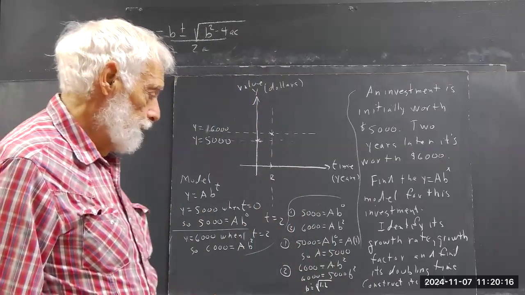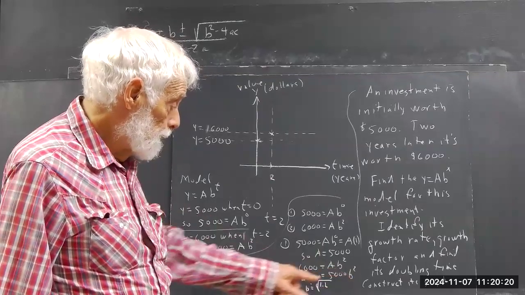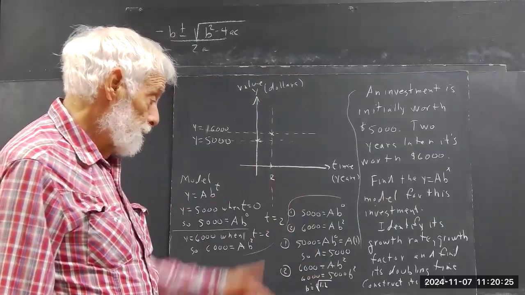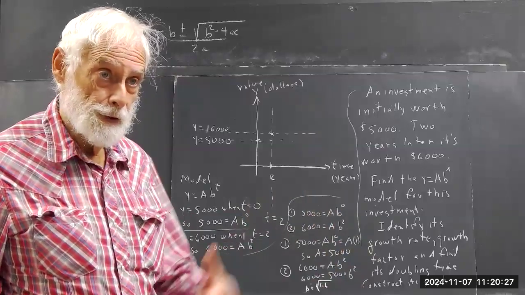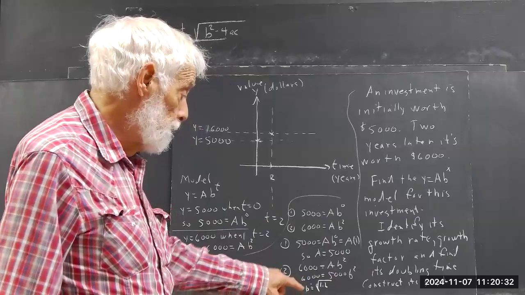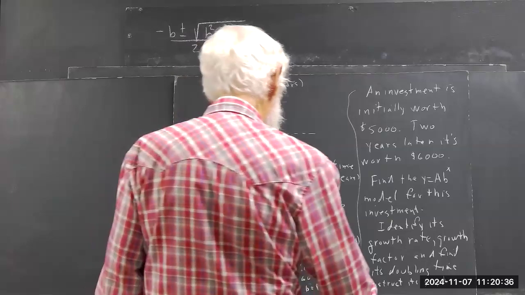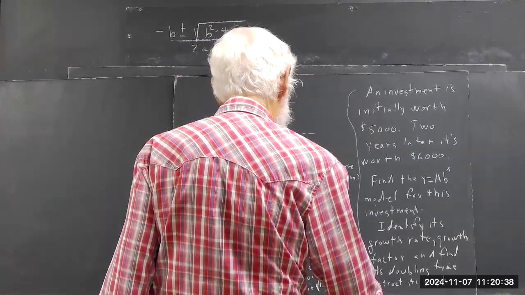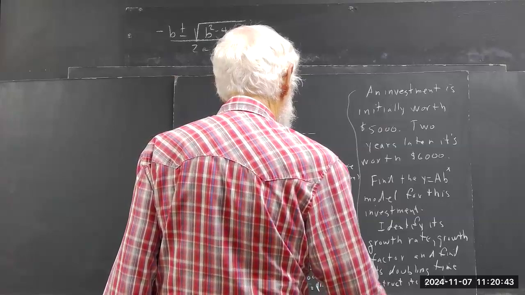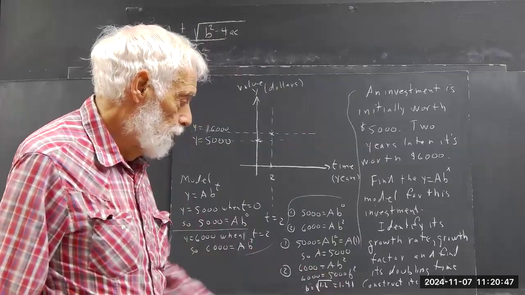Now, I didn't go through the details of solving that, but the details should be obvious. You're trying to solve for B, so you divide both sides by 5,000. 5,000 into 6,000, the same as 5 divided into 6, is 1.2. So B squared is 1.2. That means that B is the square root of 1.2. Maybe more significant figures than we need, but I'll say 1.41.